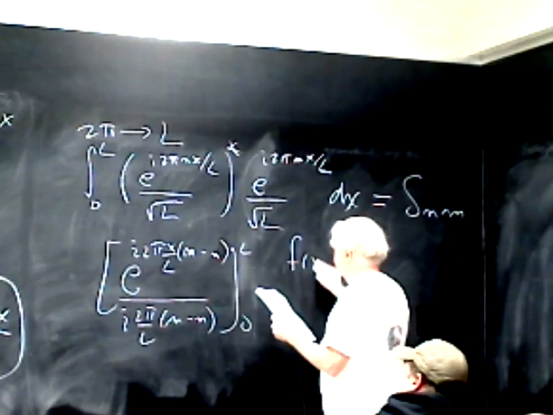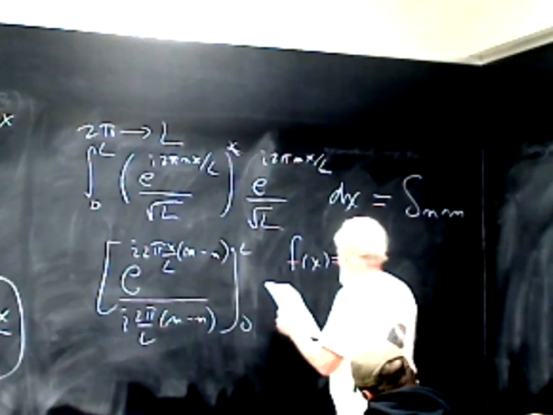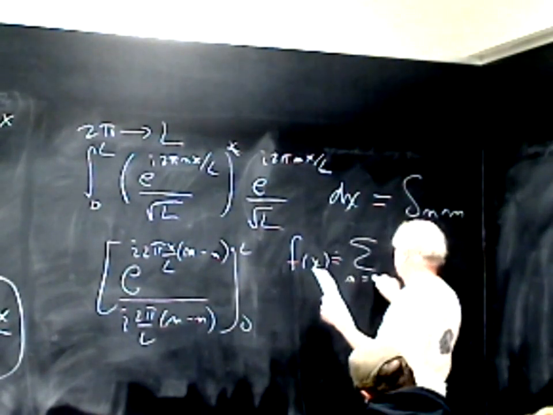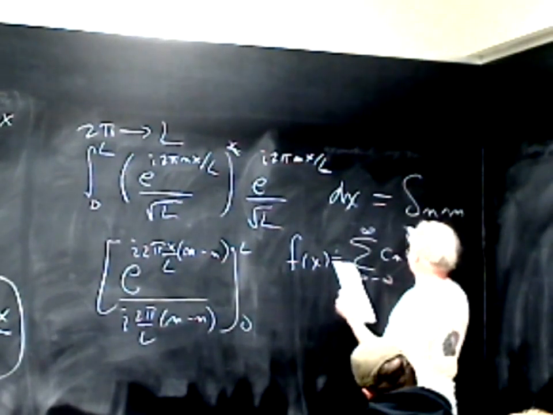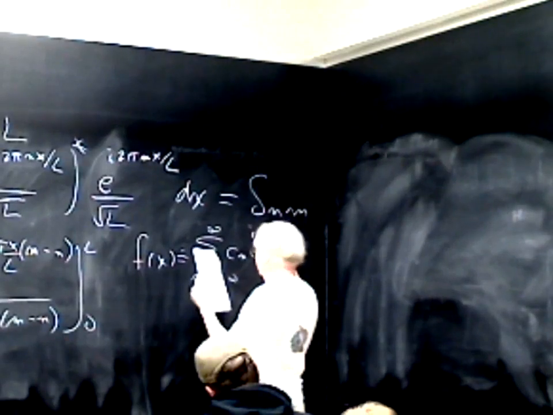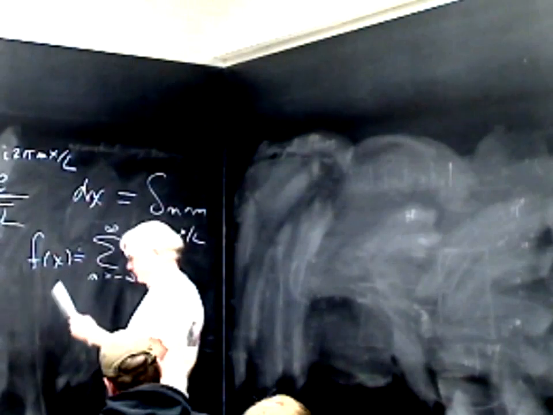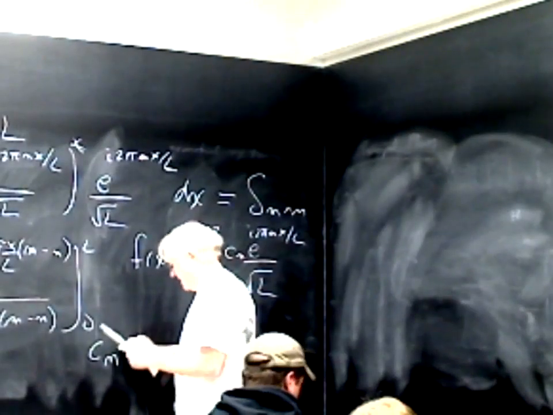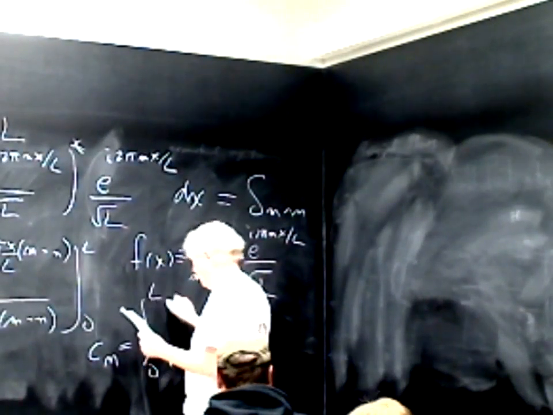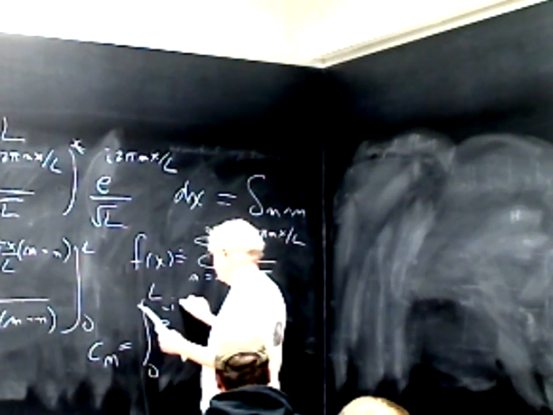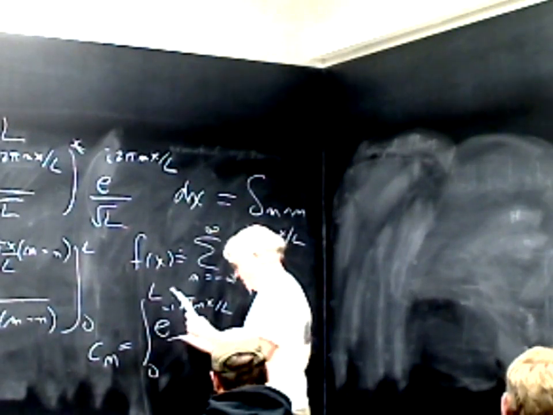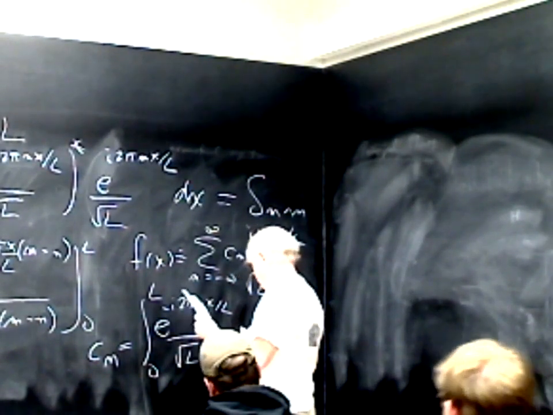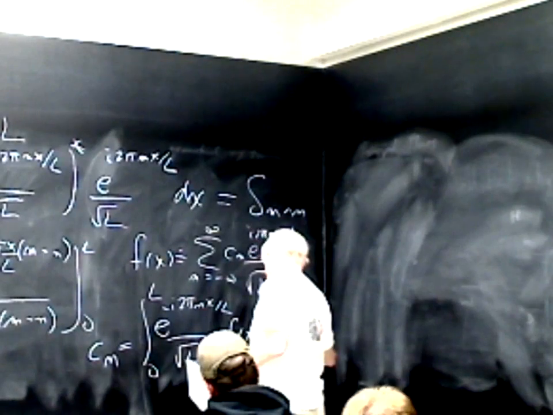Then we have f of x. We're going to write it as this sum from n equals minus infinity to plus infinity, Cn e to the i 2 pi nx over L over square root of L, and then these coefficients Cn are the integral 0 to L of e to the minus i 2 pi nx over L divided by square root of L times f of x dx.